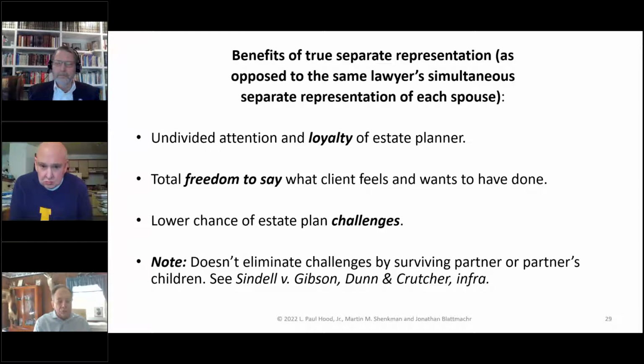As Marty said, put it in writing, put it to both spouses if you're representing both spouses. Don't forget to do that, because otherwise they're going to come back and say you, the attorney, didn't live up to what you should have done for both parties.